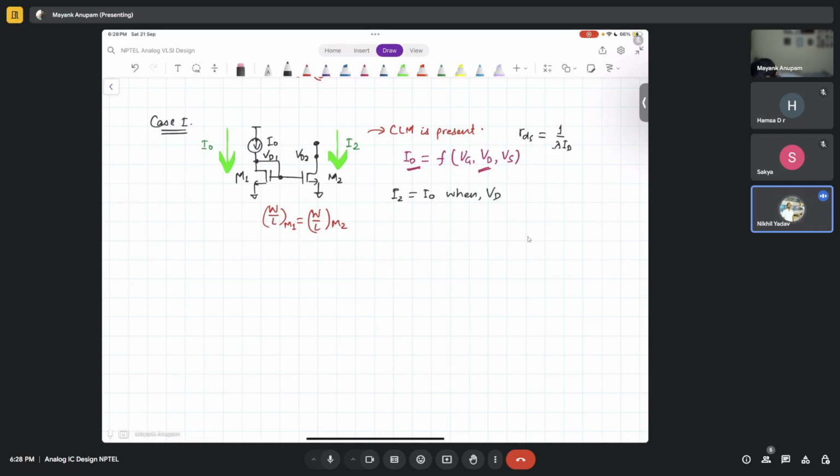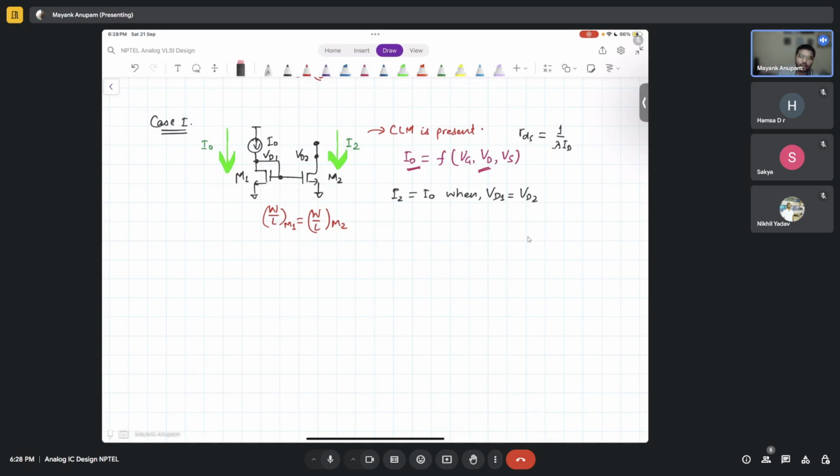Yes, when VD1 equal to VD2. This is the whole point that I'm trying to make. See, in this MOSFET, even when the channel modulation is present, the currents in the two branches of a current mirror can become equal when the two drain voltages are equal. Got it? And this is the whole idea behind pushing for a cascode current mirror.